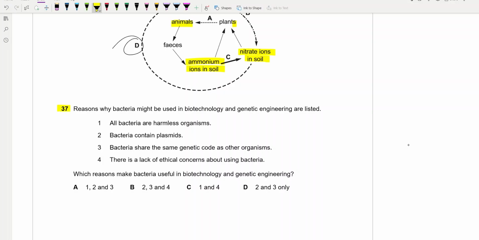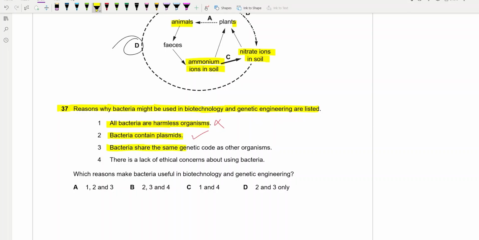Question number 37. Reasons why bacteria might be used in biotechnology and genetic engineering are listed. Number 1. All bacteria are harmless organisms, which is wrong. Number 2. Bacteria contains plasmid, which is correct. Number 3.